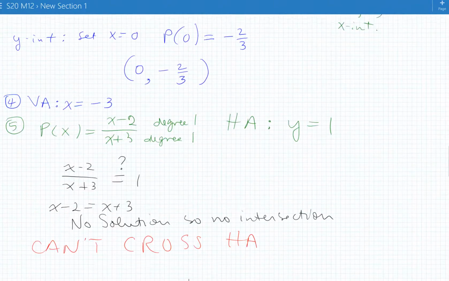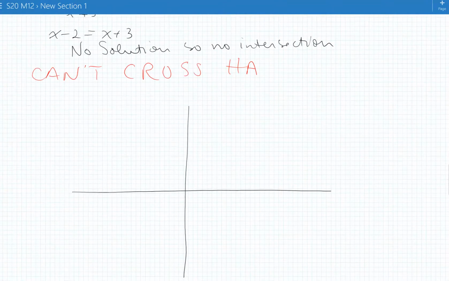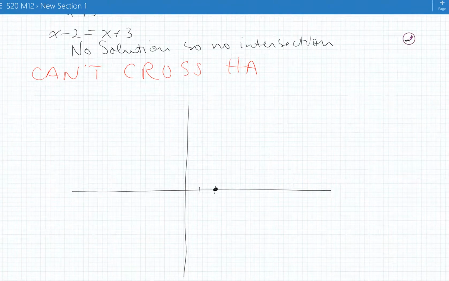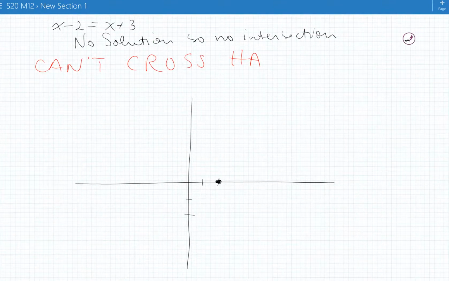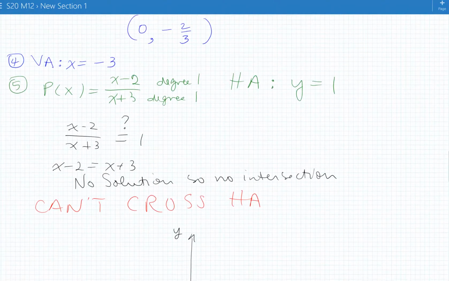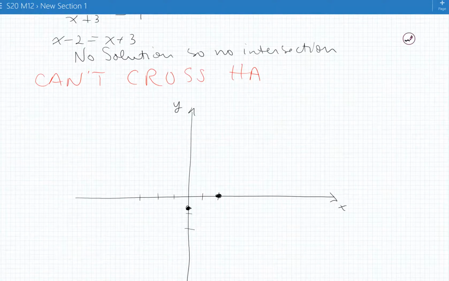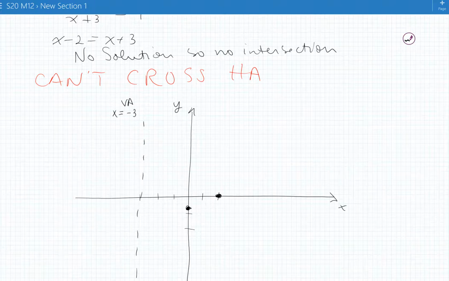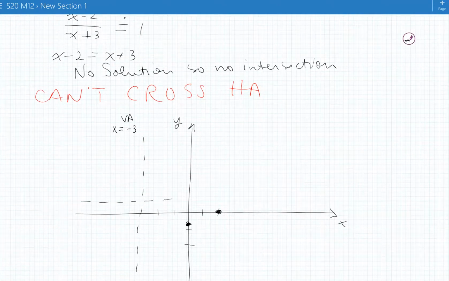So let's come back up here. We have (2, 0) as the x-intercept. (0, negative 2/3) is the y-intercept. Then I have a vertical asymptote at x equals negative 3 and a horizontal asymptote at y equals 1.